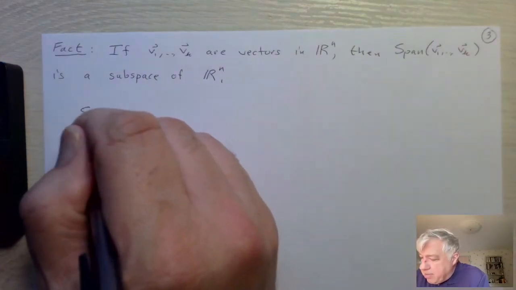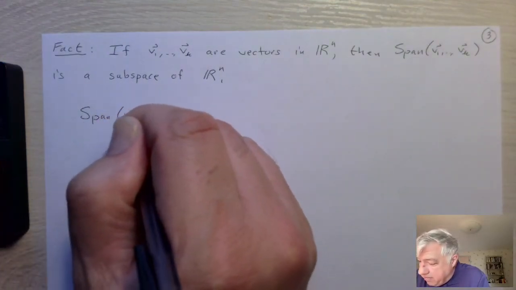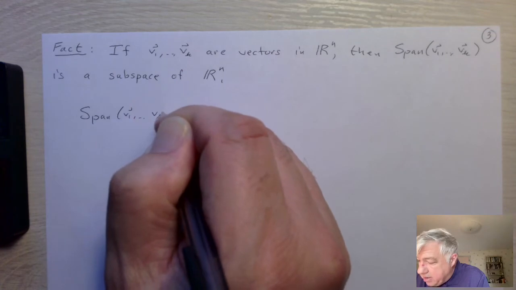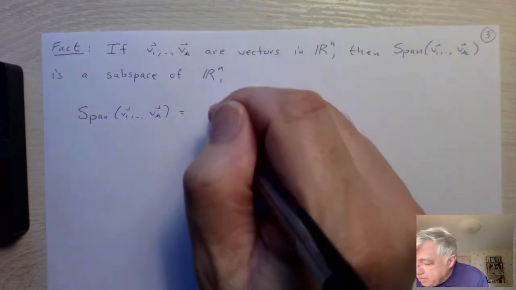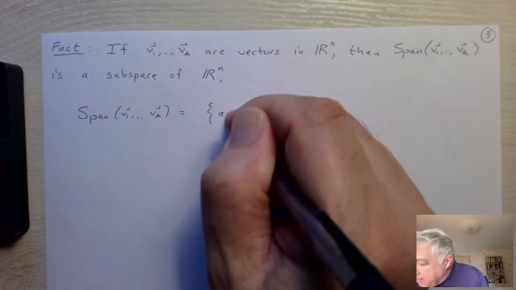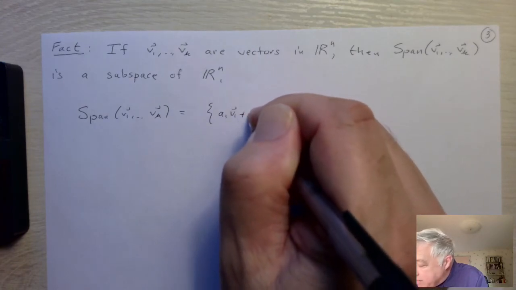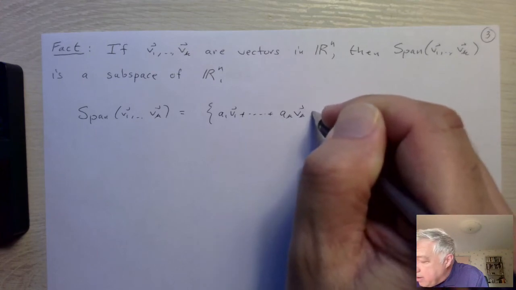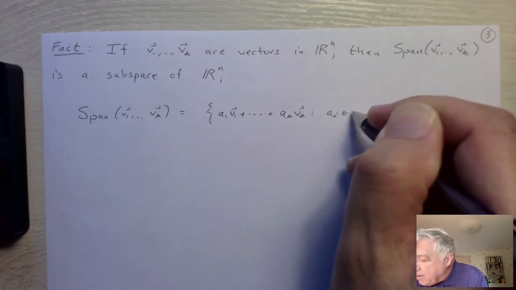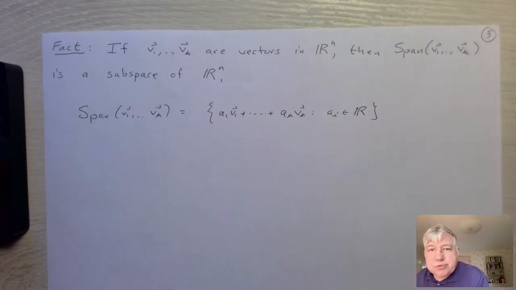Let's just remember that the span of v1 through vk is defined to be the set of all linear combinations of these vectors. So this would consist of a1 v1 all the way up to ak vk, such that the ai's are real numbers.